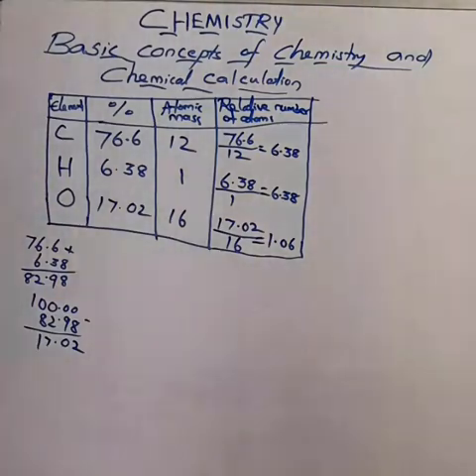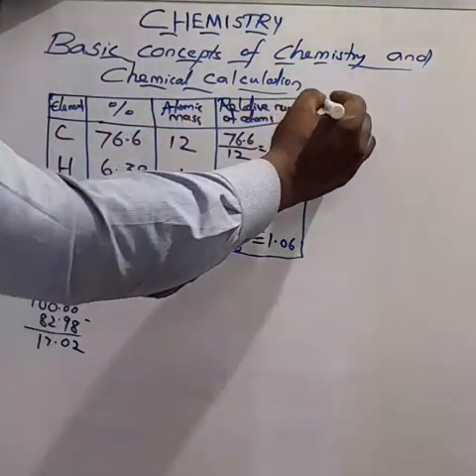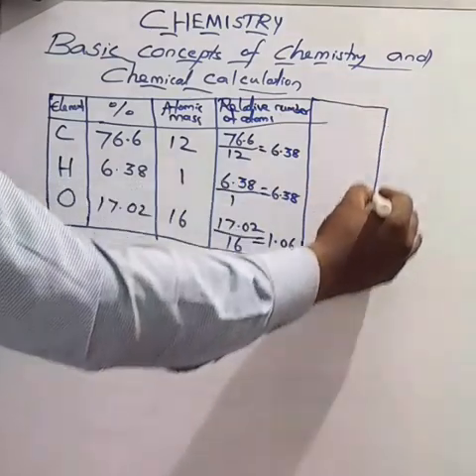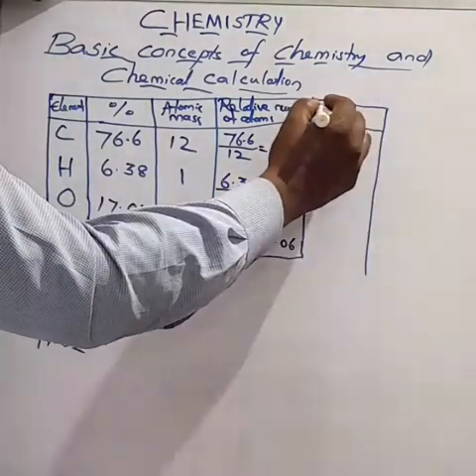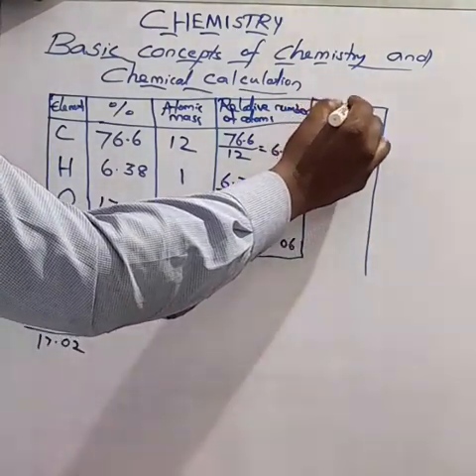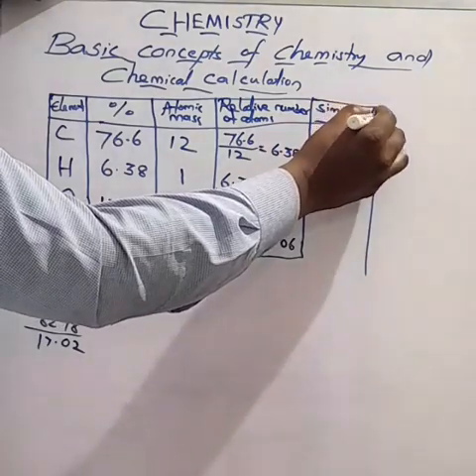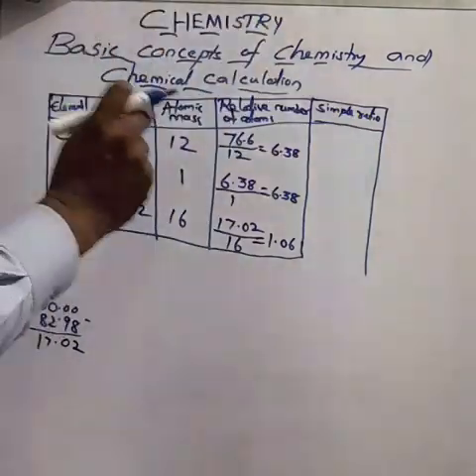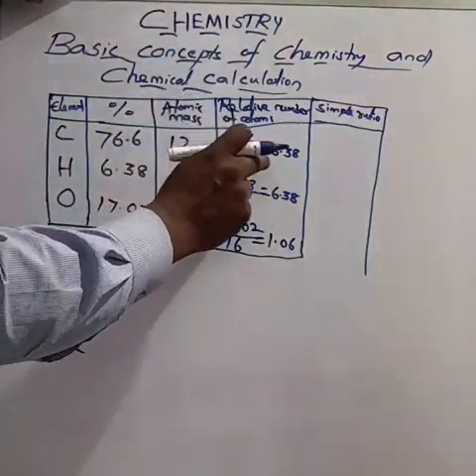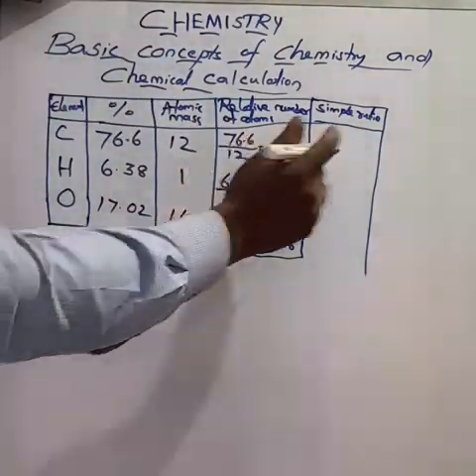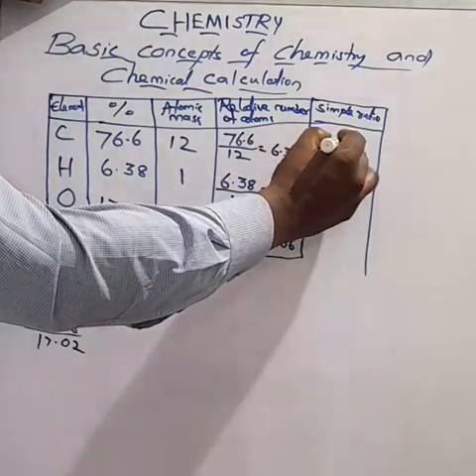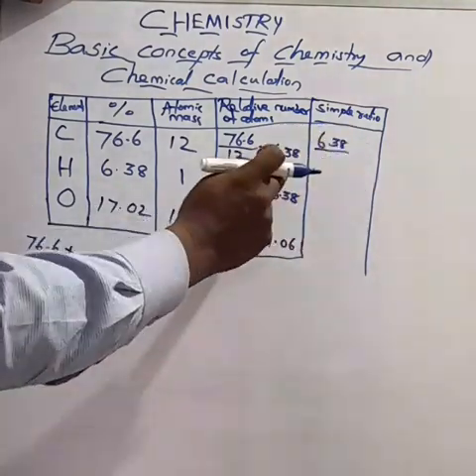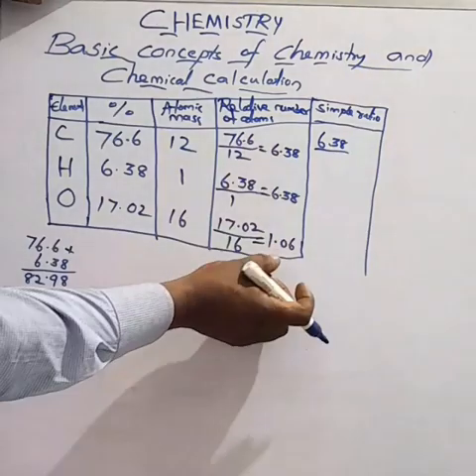So next step, we have to take the simple ratio. The next column is simple ratio. Here, what is the relative number of atoms for carbon? That is 6.38. Out of these values, which one is the least value?